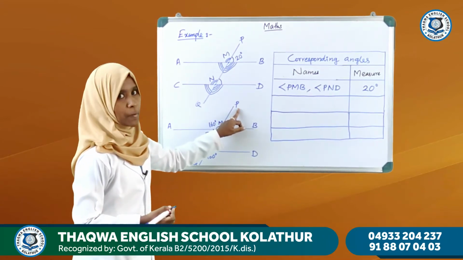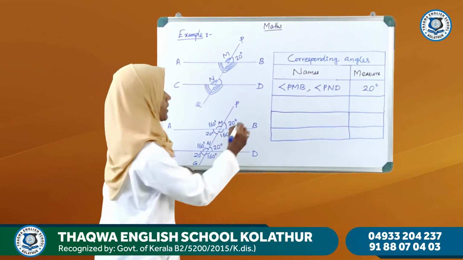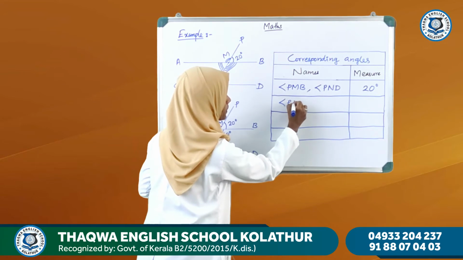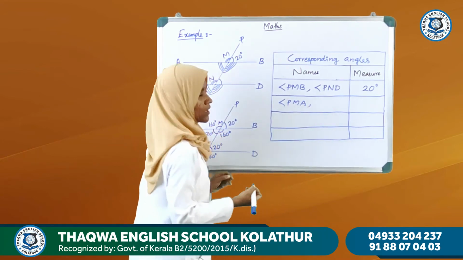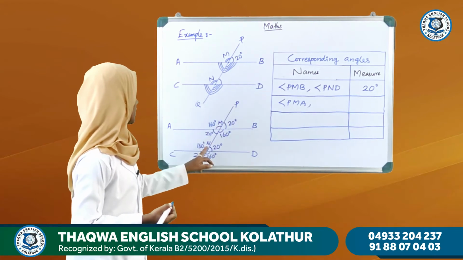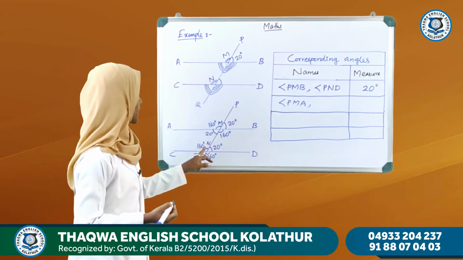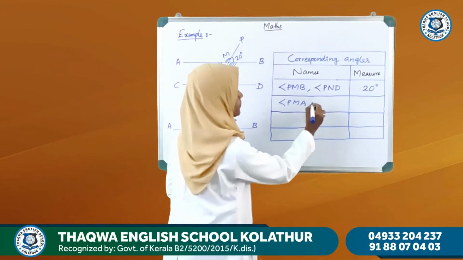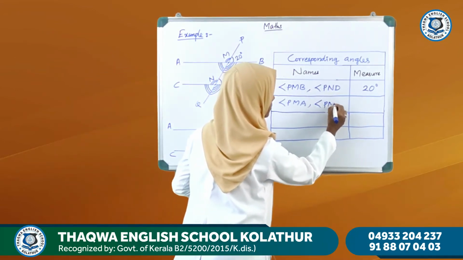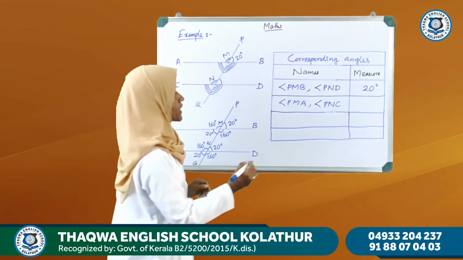What is the next pair? Angle PMA. The next angle PNC. What is the measure of this angle? 160.